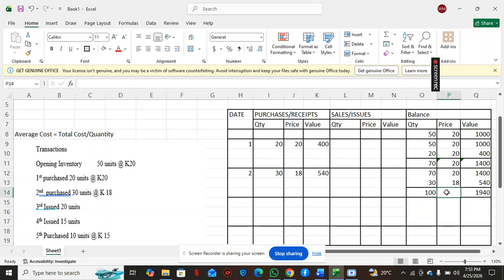So the average cost of this inventory, 1,940 divided by 100, is 19 kwacha 40 ngwe. That is the average cost, and this is how much we're going to value the inventory at.